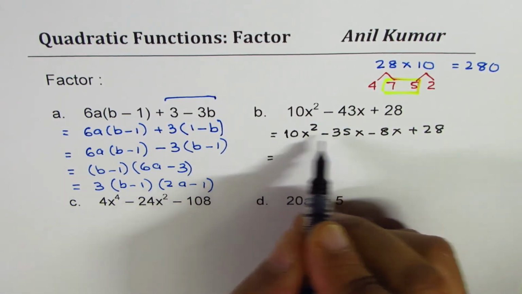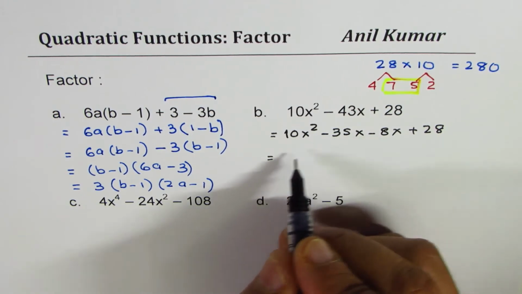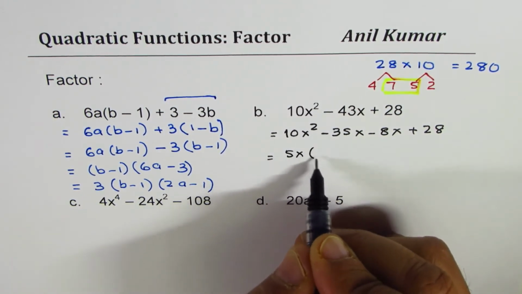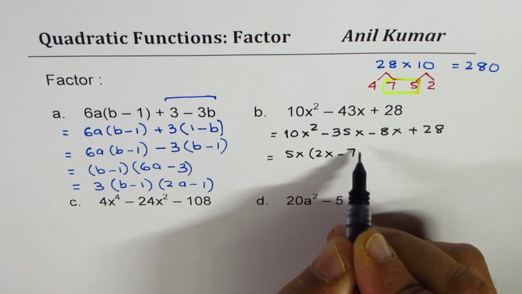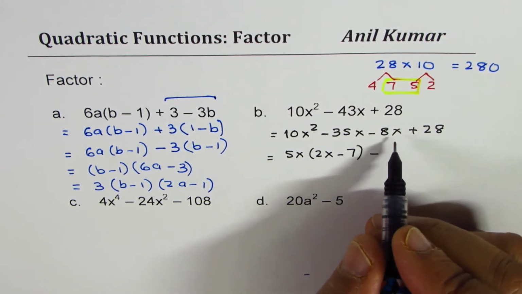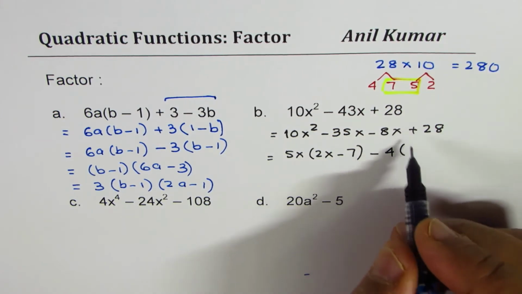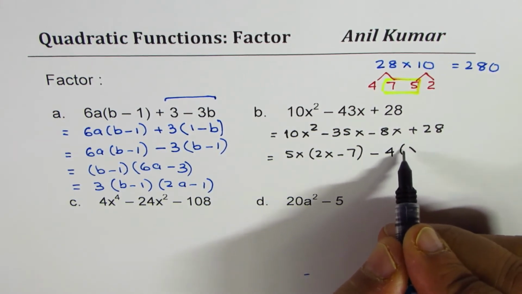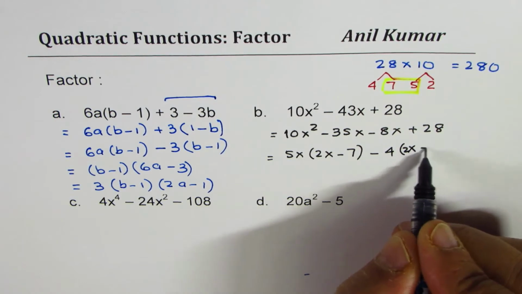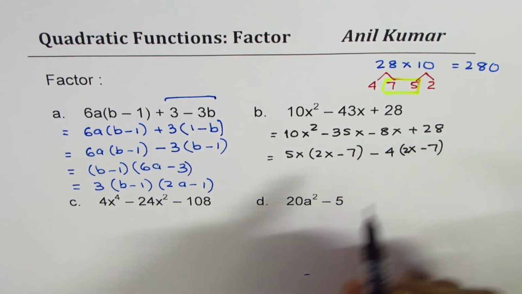Now we can combine the first two. 5 is common along with x. So we get 5x times (2x minus 7). And here, what is common? 4 is common, right? So 4 times (2x minus 7), you have to get the same thing, right? 4 times 2 is 8.